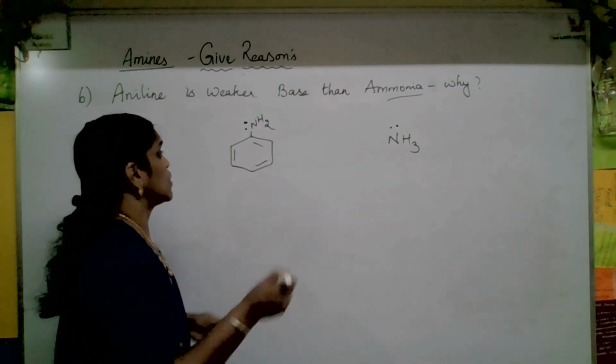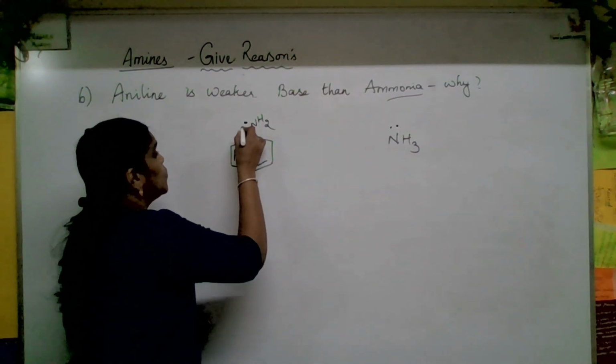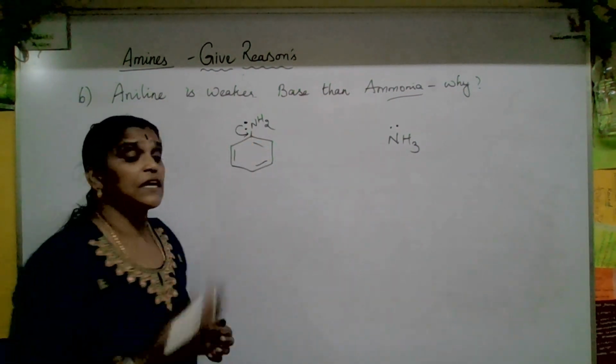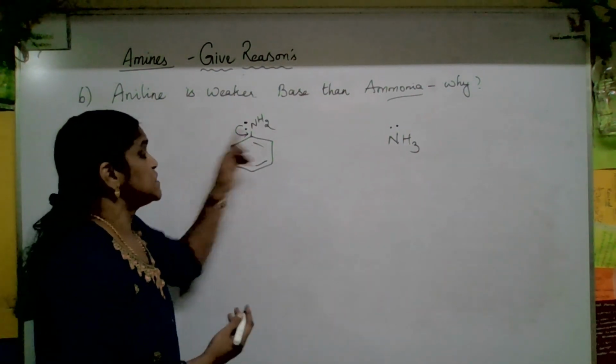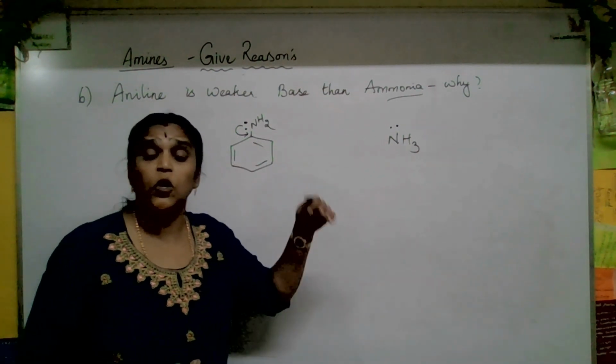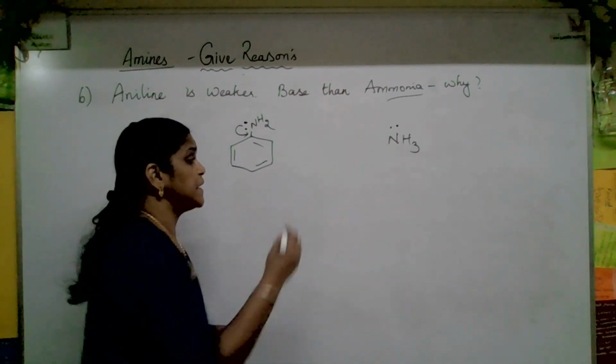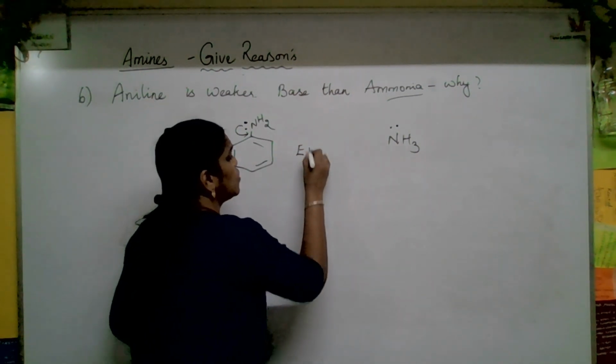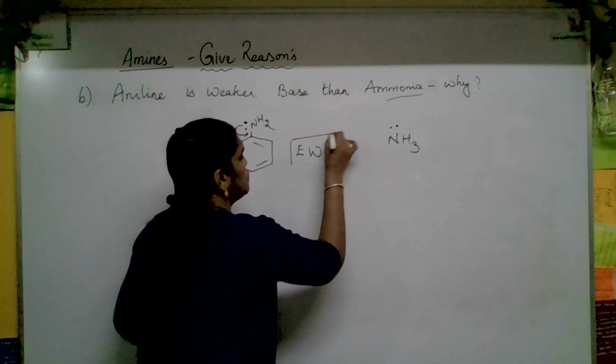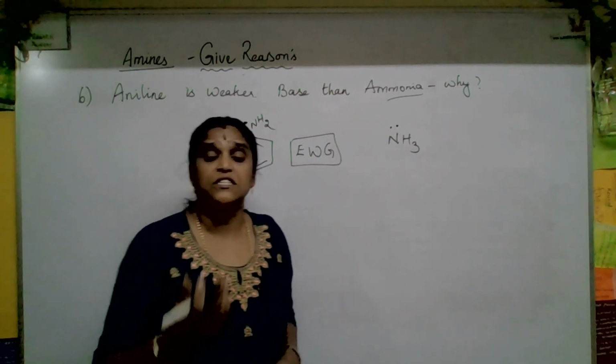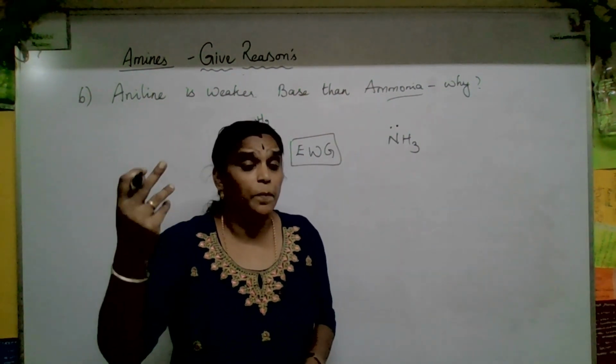Whereas here, the lone pair of electrons is involved in resonance, because the amino group is connected with benzene. Benzene is an electron withdrawing group, so naturally it withdraws the lone pair of electrons.